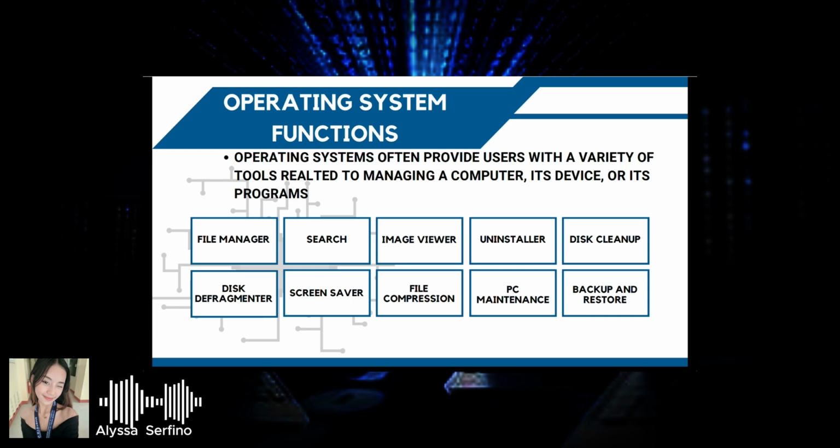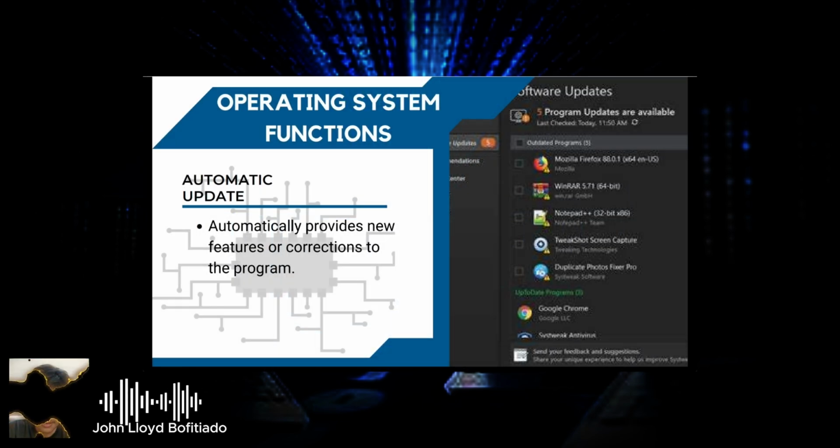Operating systems often provide users with a variety of tools related to managing a computer, its devices, or its programs, such as file manager, search, image viewer, uninstaller, disk cleanup, disk defragmenter, screensaver, file compression, PC maintenance, and backup and restore. Automatic update automatically provides new features or corrections to the program.